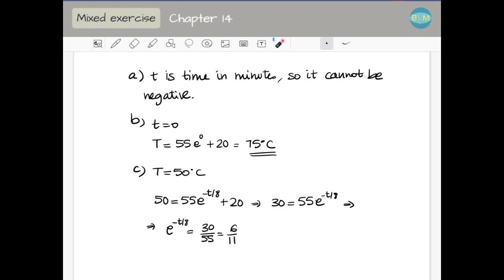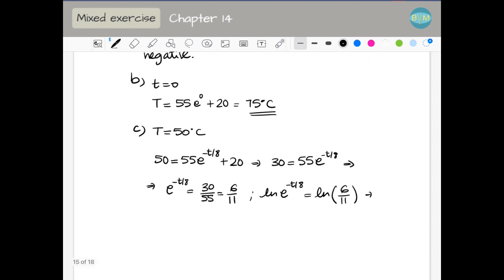And then if I take ln here and here, I have that ln of e to the power minus t/8 is going to be ln of 6/11, which means ln of e to the power of something is something, so minus t/8 is going to be ln 6/11, which means t is going to be minus 8 ln 6/11.